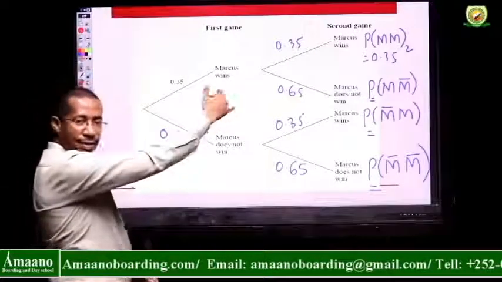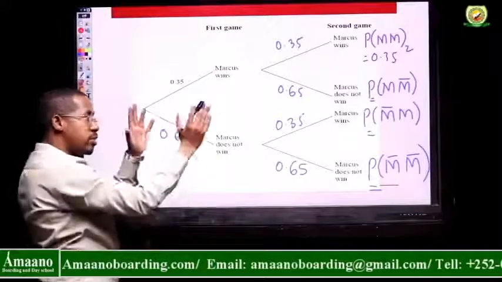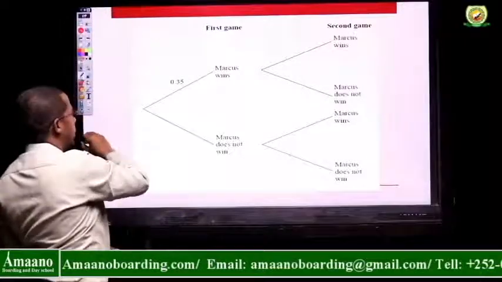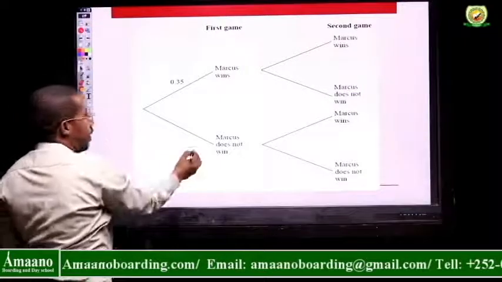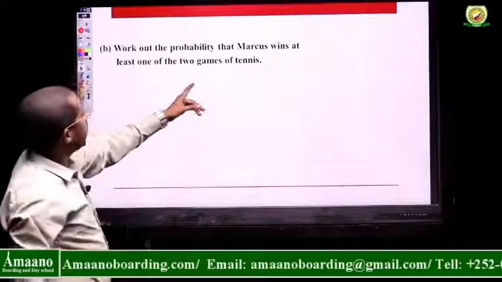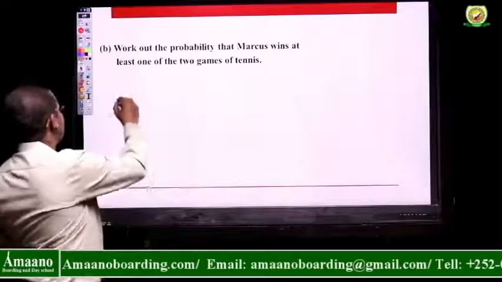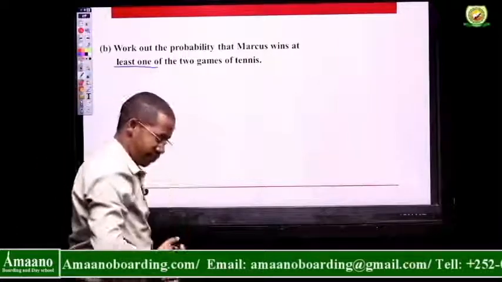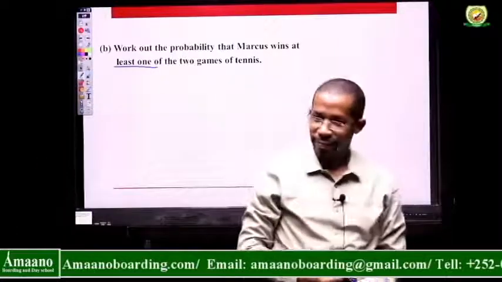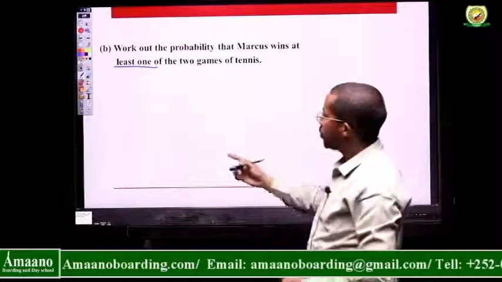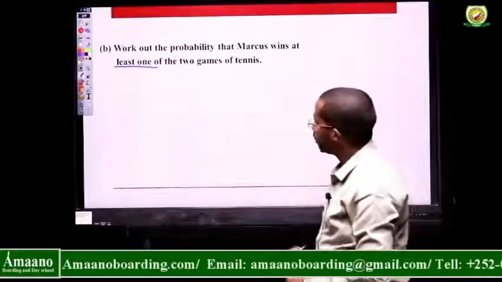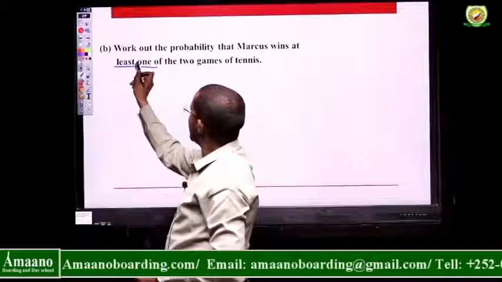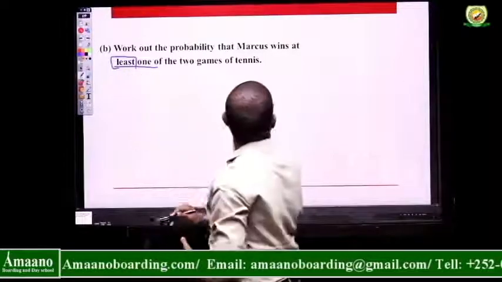Now let us see, there is a question that follows this. This is our probability tree diagram. Let us see the question that follows. Work out the probability that Marcus wins at least 1. Many students fail such problems, especially because we fail to understand just what this word means.